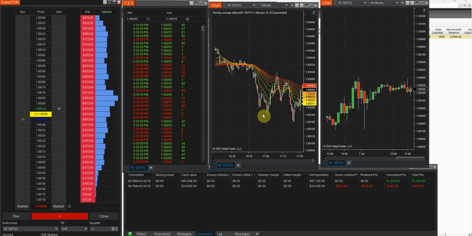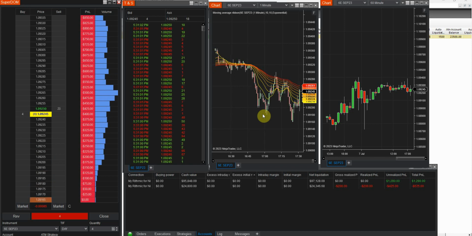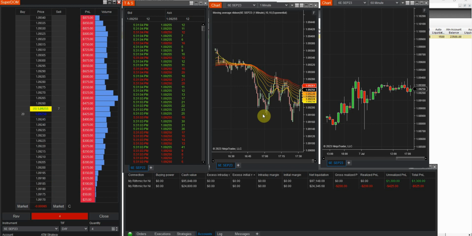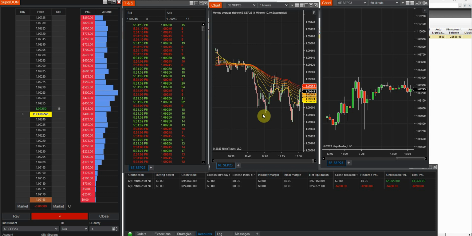Market's really powering up here. If we get a break above this pricing structure in the ribbon, it's looking a little bit grim. But what I was saying before is basically, if the trade goes up and you get a retracement, that retracement can actually take you out, even if it doesn't come back into a loss.